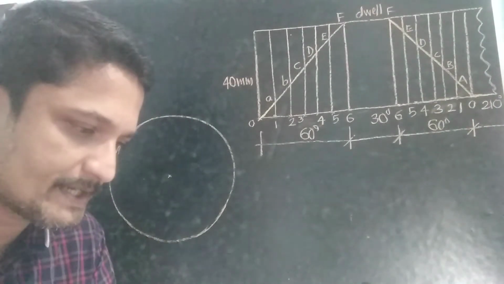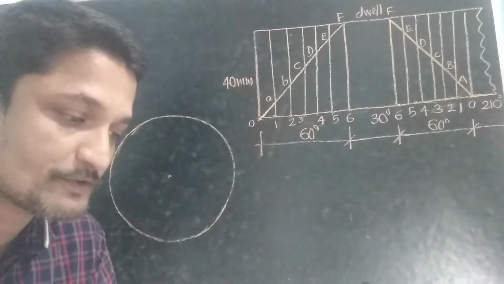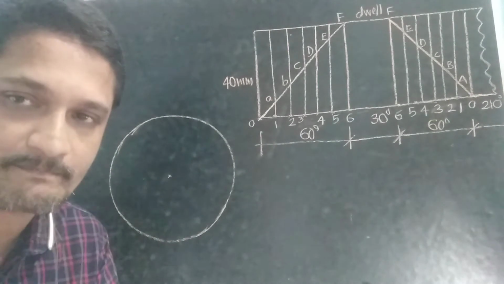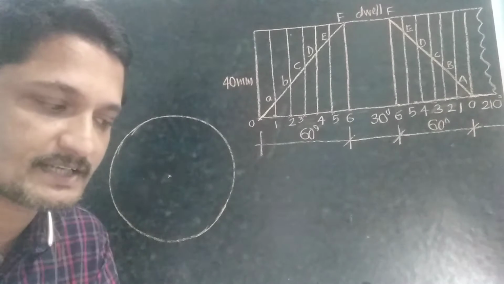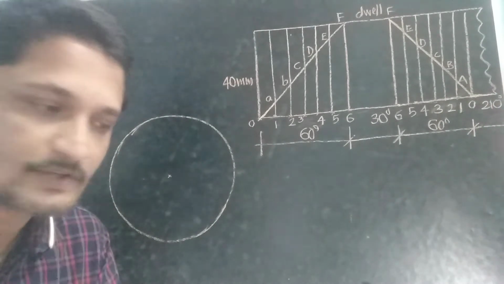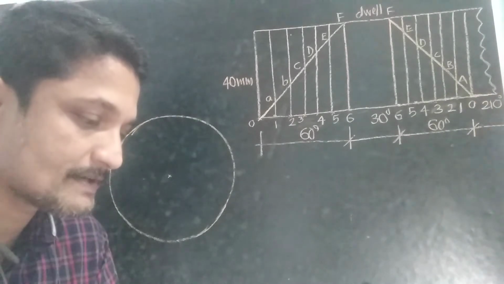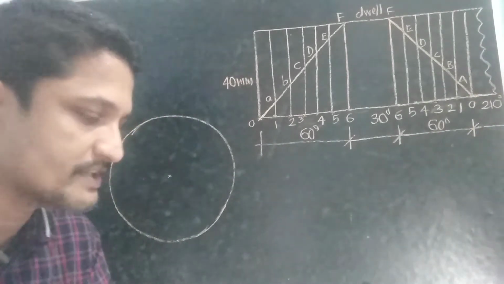Next, we have to draw the offset circle. Here the axis of the follower is offset by 20 mm from the axis of the camshaft. So in the next step we have to draw the offset circle. The radius of the offset circle is 20 mm.